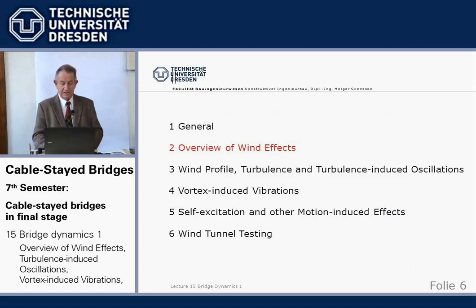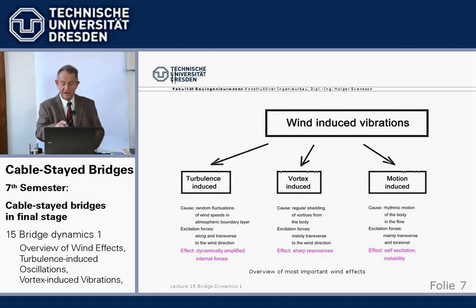Now, we start with an overview of the wind effects. This is a very important slide, which we will show again, and you should try to remember. We have three different phenomena. We have turbulence, we have vortex, and we have what we call motion-induced, what we just had this moment.